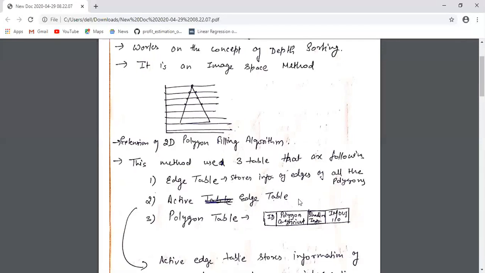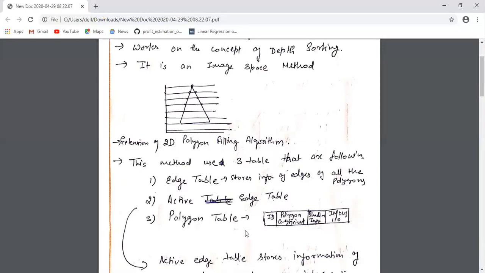So I'll focus on this particular table. The edge table stores the information about the edges of a polygon. There may be many polygons in a particular scene, so the edge table stores edge by edge information of all the polygons in a scene.